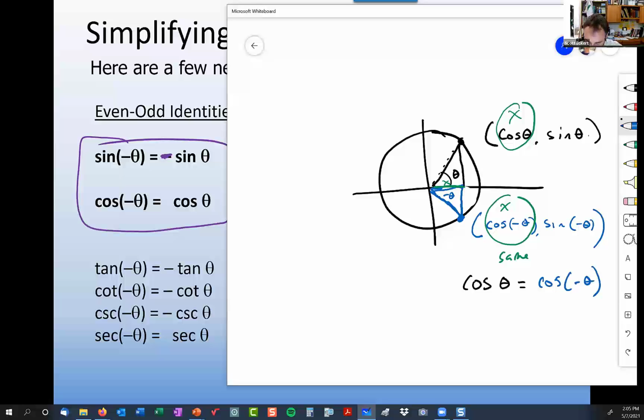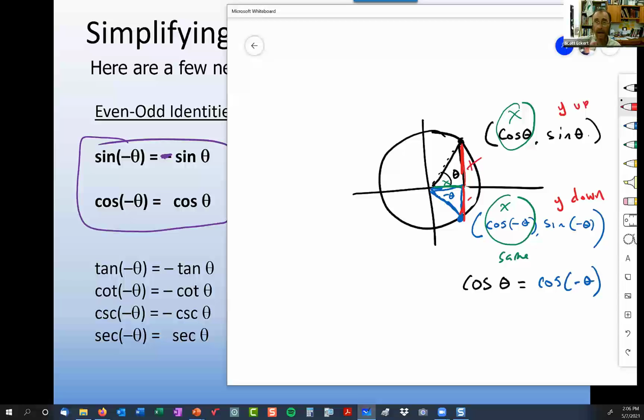Now, the y numbers, this one is up and this one is down. So this y is positive and this y is negative. But the numbers are the same.